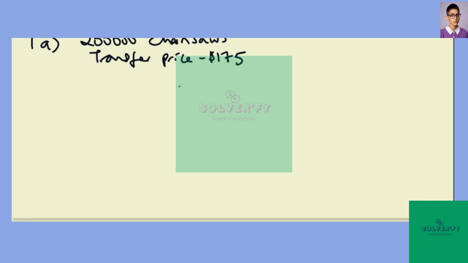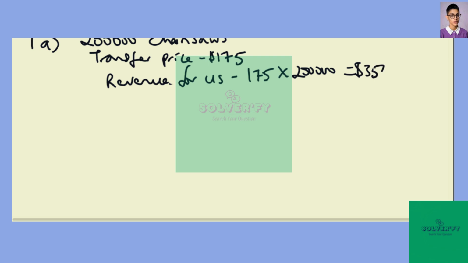So the revenue for the US is the transfer price of $175. The revenue for the US division is $175 multiplied by the total chainsaws of 200,000, which is $35 million.